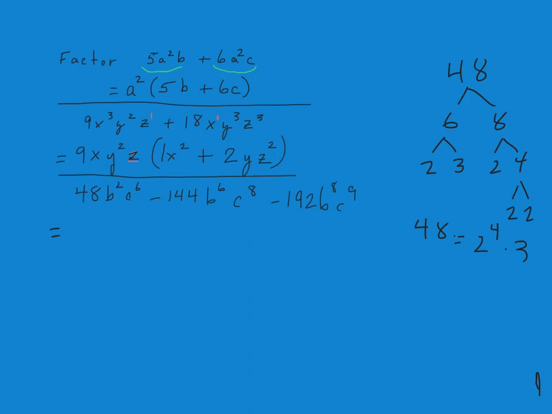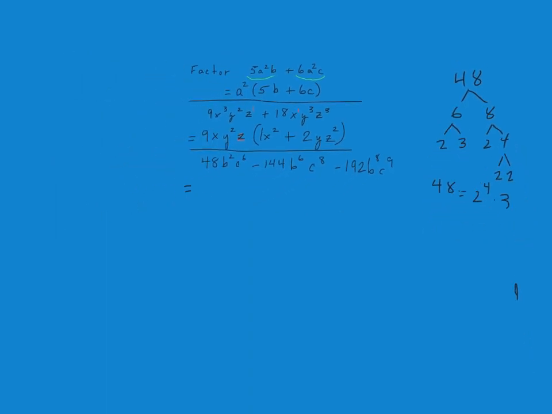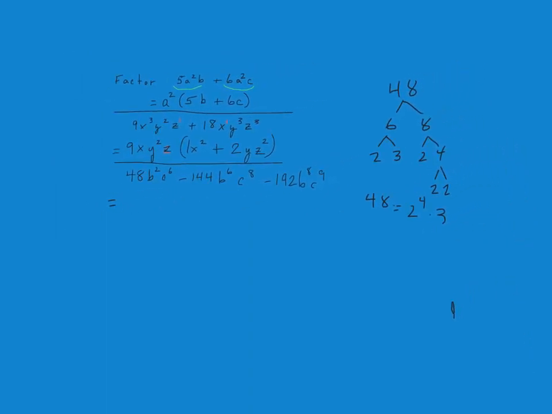Now let's do the same thing with the 144 and the 192. So I'm going to make this a little smaller so I have a little more room. So 144 is 12 times 12, and each factor of 12 breaks down into 4 times 3.